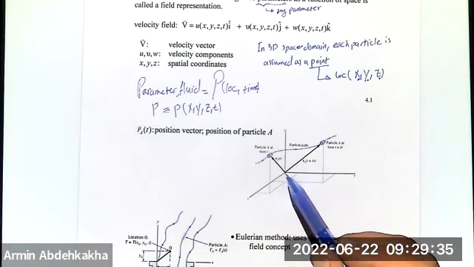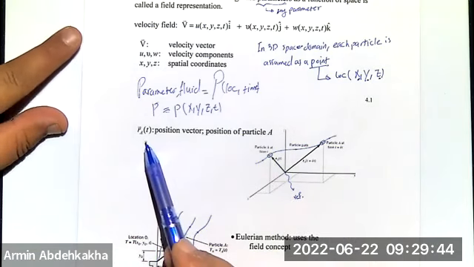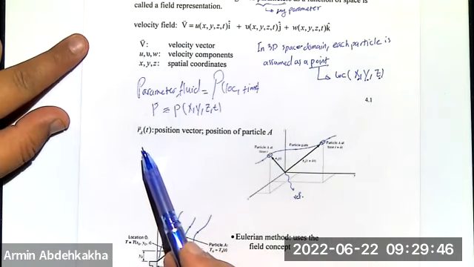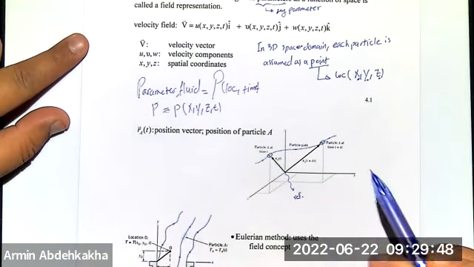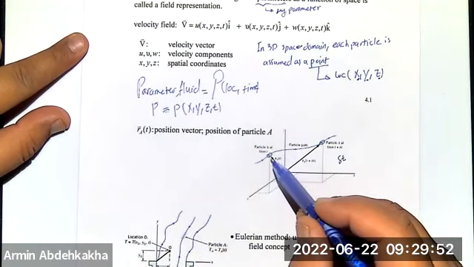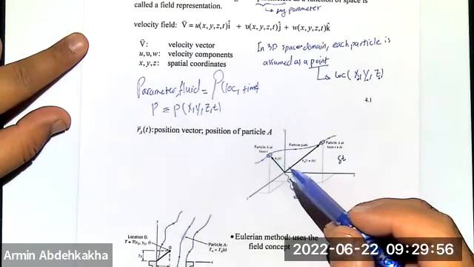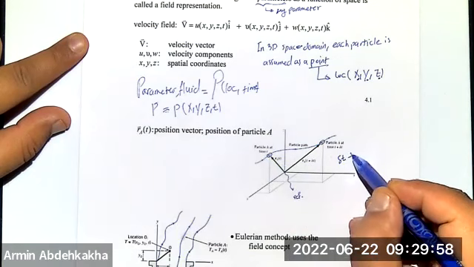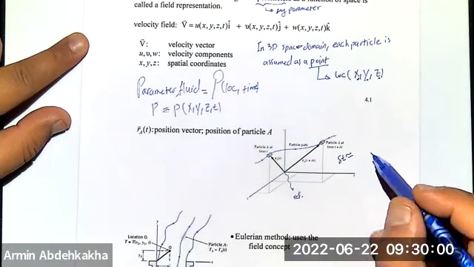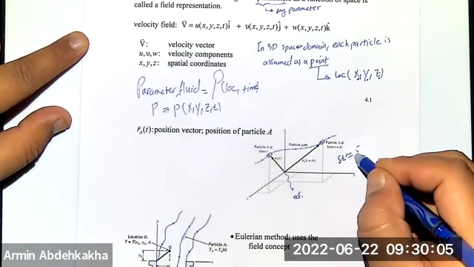Any vector from the reference point to the location of the object or particle is the position vector, known as r_A at time t. Why? Because when delta t of time passes, and we assume this is exaggerated, it is a huge difference here, but delta t is very small. We are talking about a very small amount of delta t, almost 0.